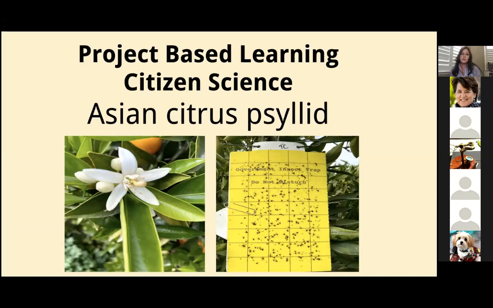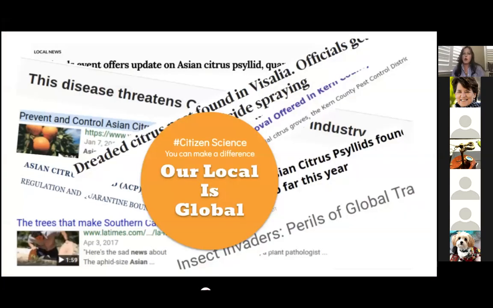So this invasive species could be in somebody's backyard citrus. In our area, up and down California, you see these government traps that they take samples from to see where the psyllid is. Just in researching this project over the last couple years, it makes the headlines quite a bit.